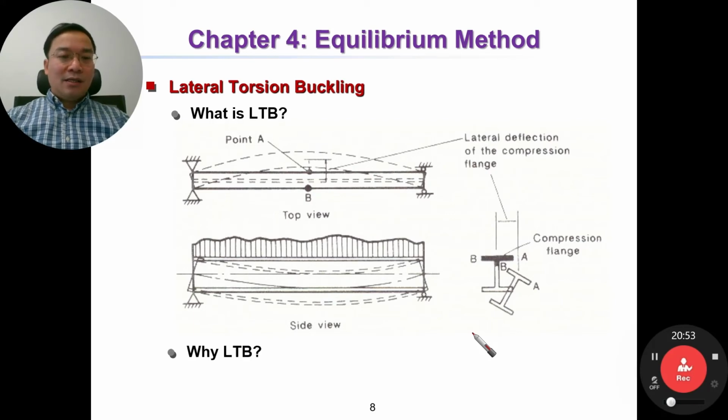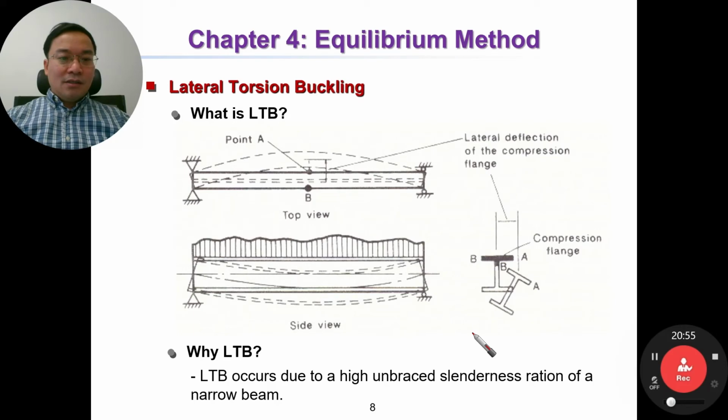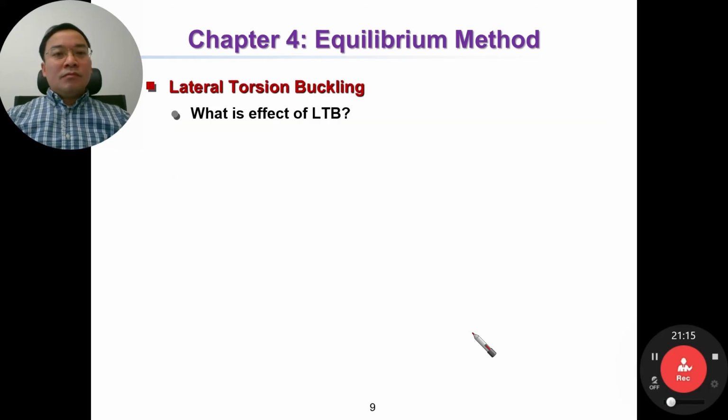Why lateral torsion buckling? Lateral torsion buckling occurs due to the high unbraced slenderness ratio of a narrow beam. What is its effect?